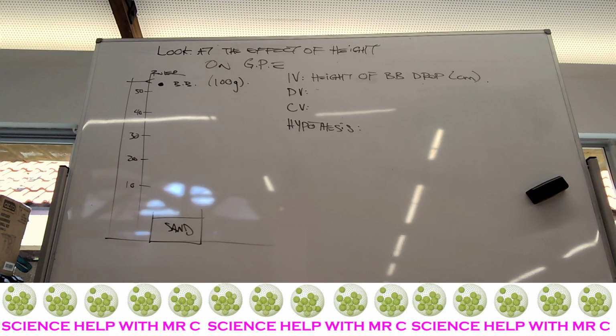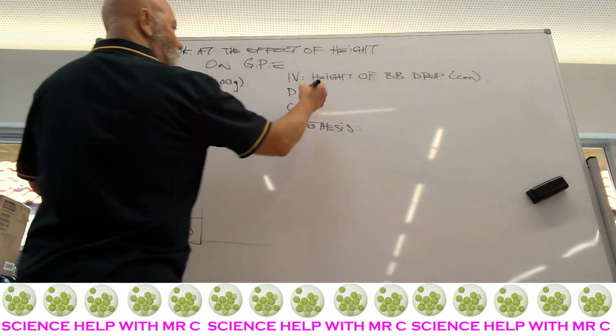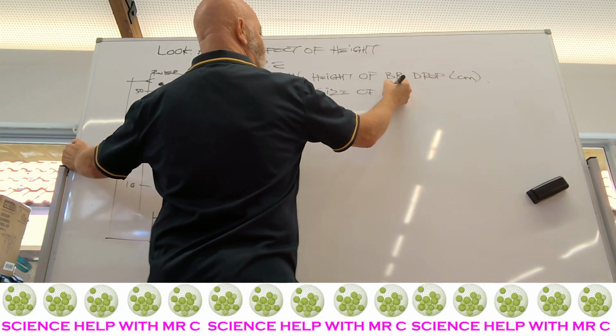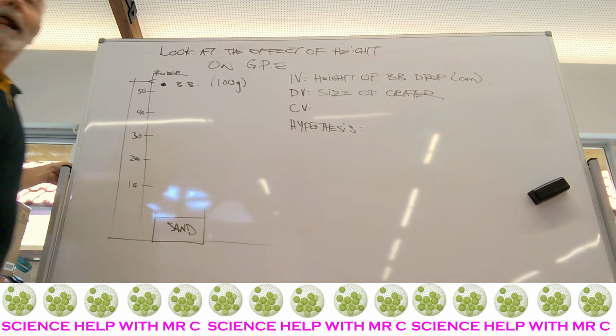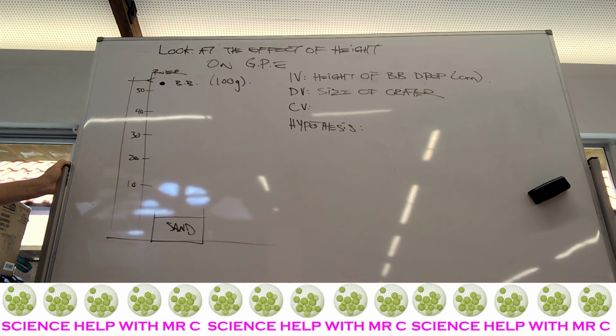Okay. The dependent variable is what you're measuring. So you're going to measure the size of the crater. Mr. Kelly, depth or size? It's up to you. You could measure both if you wanted to.